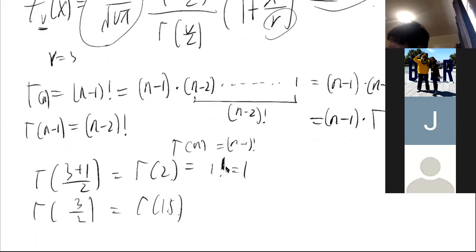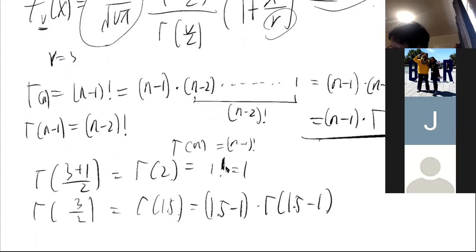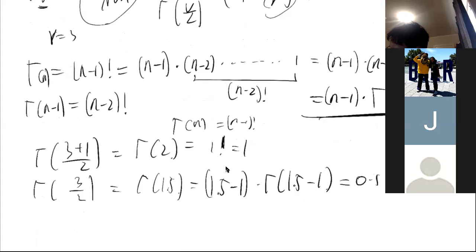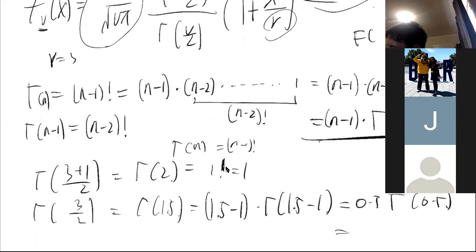For gamma of 1.5, look at the recurrence relationship: it equals 1.5 minus 1 times gamma of 1.5 minus 1, so 0.5 times gamma of 0.5. Remember, gamma of 0.5 you can take for granted, equal to square root of pi. So this value is 0.5 times square root of pi.